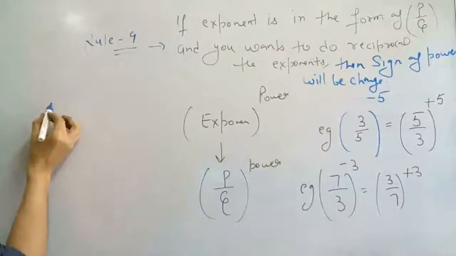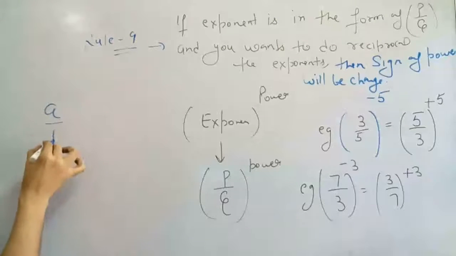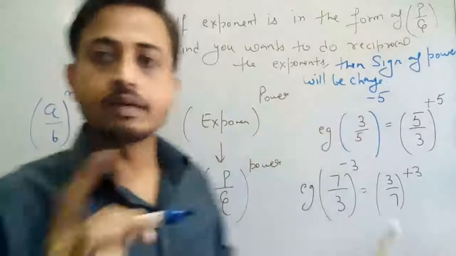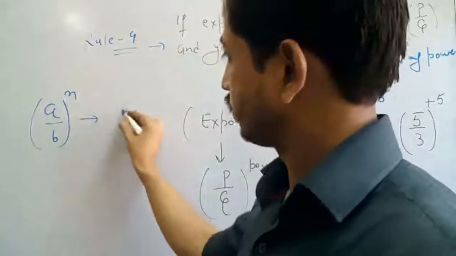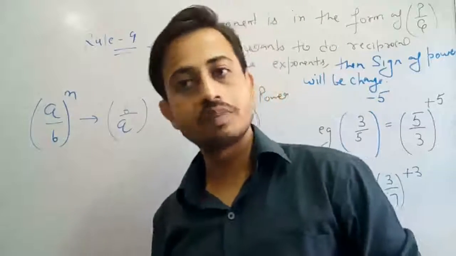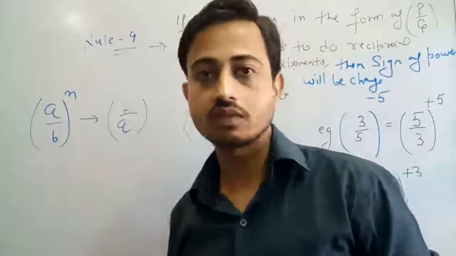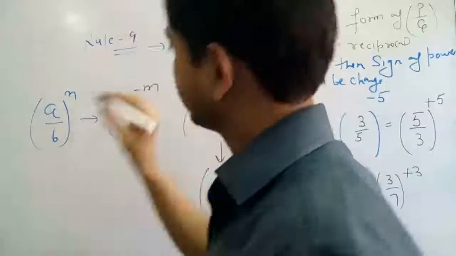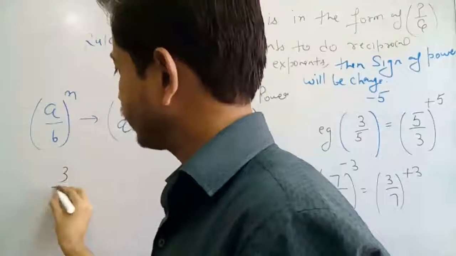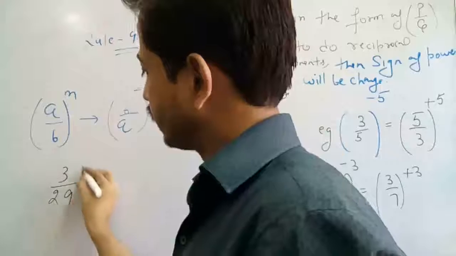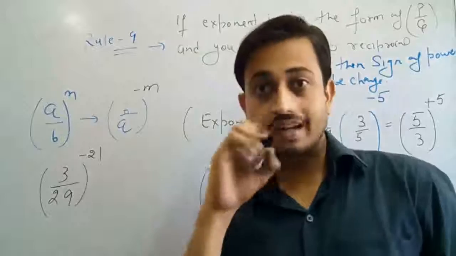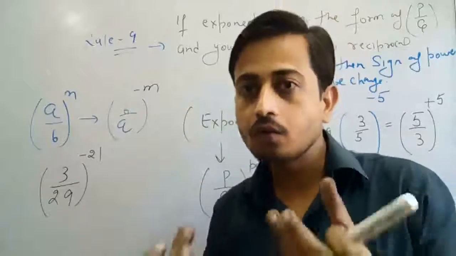If you have a by b raised to the power n, and you make it b by a, then the sign of the power will be changed. In this case, the sign of the power n is positive, so it becomes negative. I am taking one more example. If I have 3 by 29 raised to the power -21, and you want to make the power positive, how can you do it?